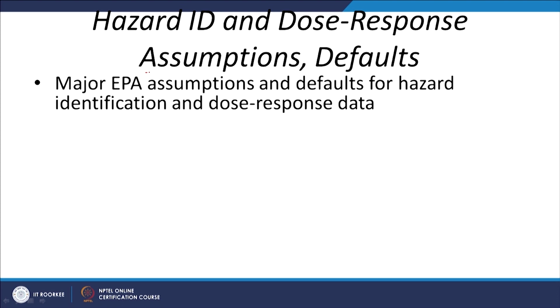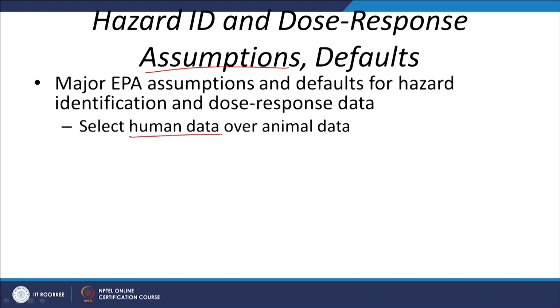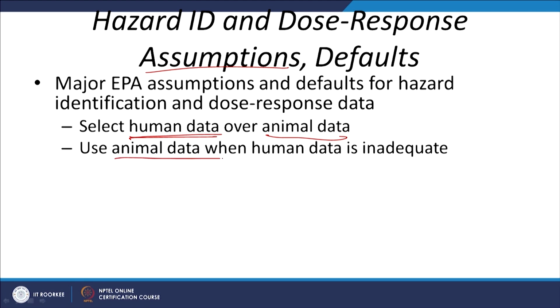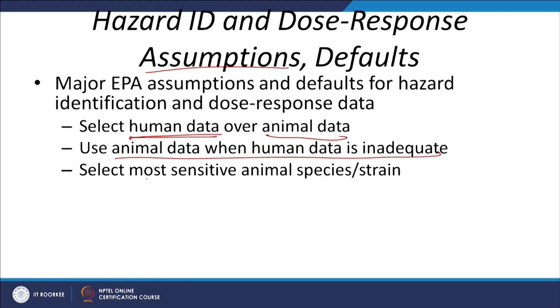And some major assumptions. We always try to select human data over animal data whenever we have such data, and use animal data only when human data is inadequate. Obviously you need a relatively good correlation between what you observe and what you are trying to estimate.